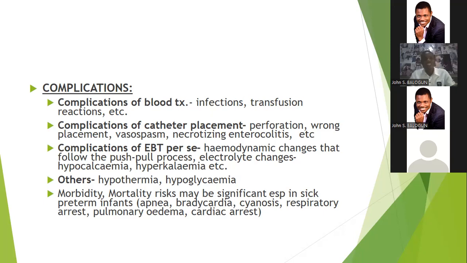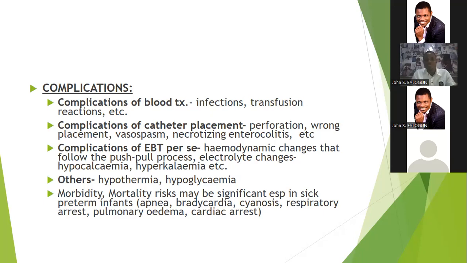Now another complication is the complication of the catheter. There could be perforation of the umbilical vein. If the procedure is not well carried out, you may be too aggressive in putting the catheter, and then you perforate the vessel, and the catheter goes into another component entirely and causes other damage.